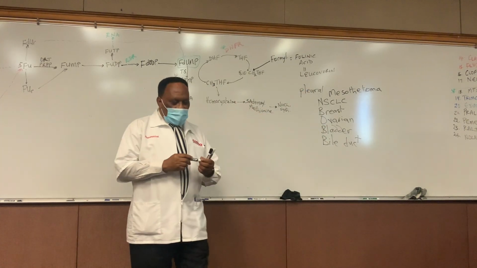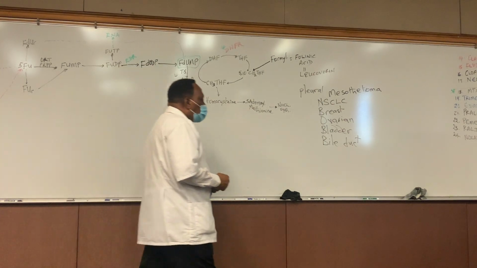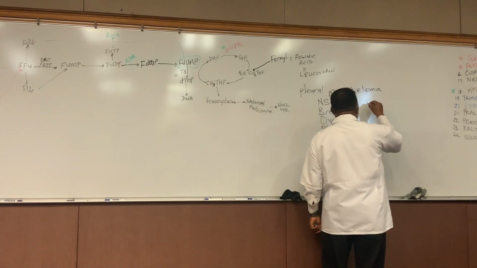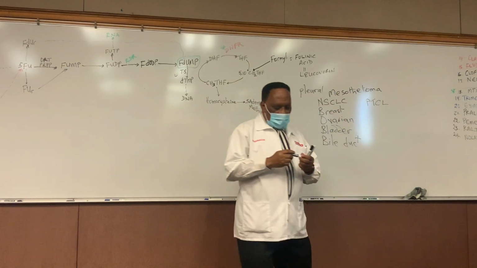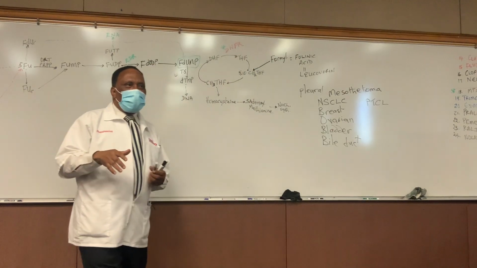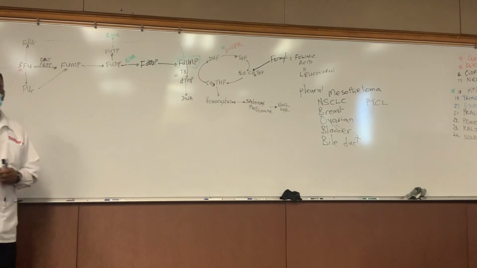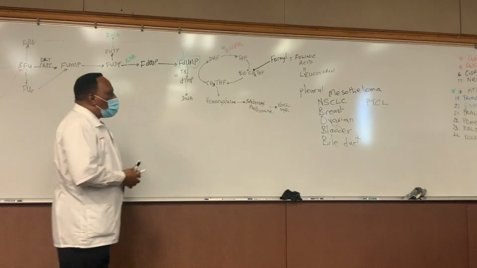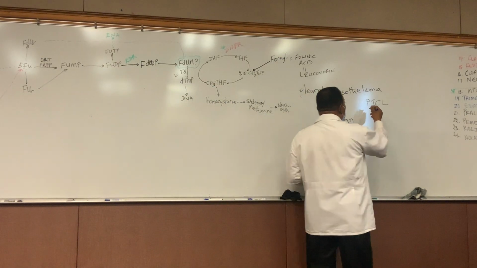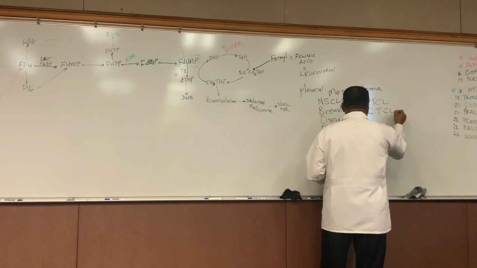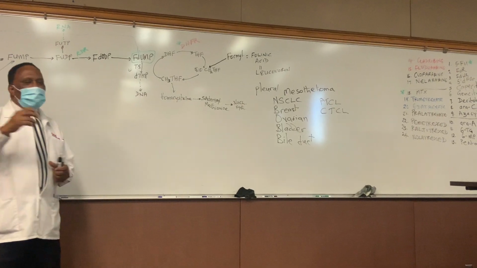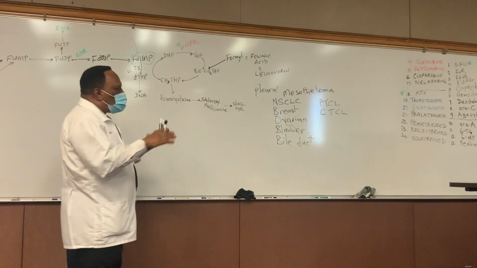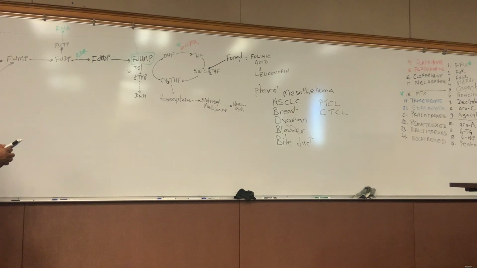So it is useful in all of those situations, and it can also be used for the management of PTCL, which means peripheral T-cell lymphoma, and it also works in CTCL, which would be cutaneous T-cell lymphoma. So it's a very versatile agent, that gemcitabine.